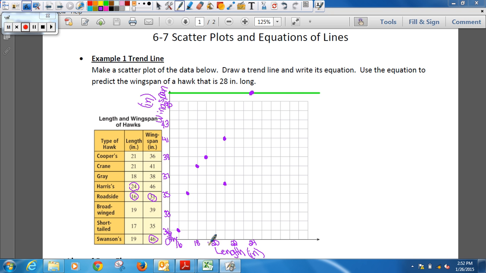And 19 also goes to 46. So my scatter plot looks similar to that.